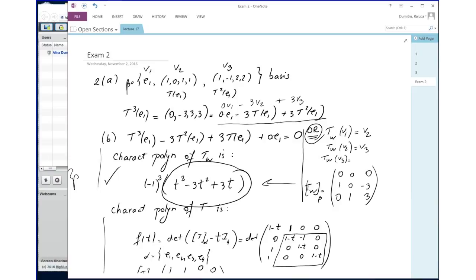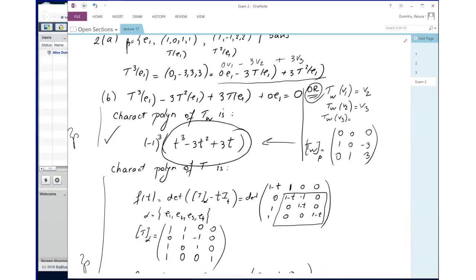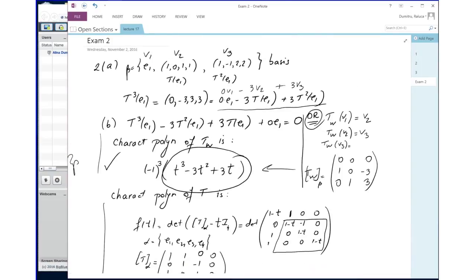But I will post the complete solutions and exactly how the points were distributed. Okay. So let's move on. Are there any other questions about the exam?